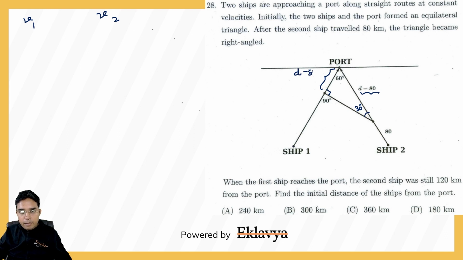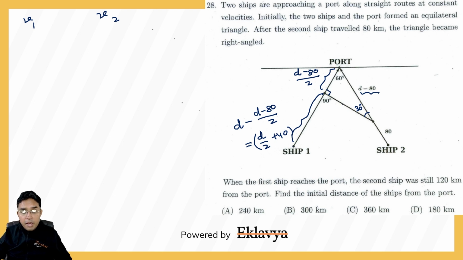So d minus 80 by 2 will be this length. Sine 30 will be this upon hypotenuse, so this has to be half of this thing. So that means ship 1 would have traveled d minus d minus 80 by 2. So this is actually d by 2 plus 40, you can check.